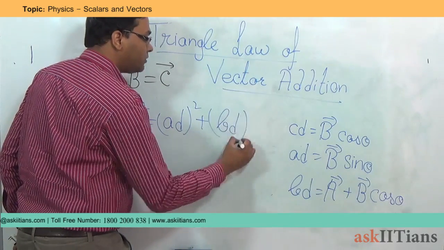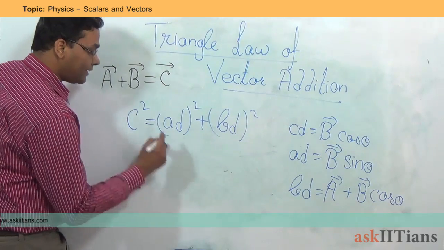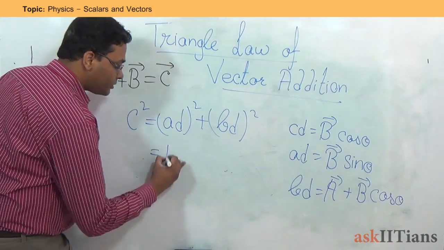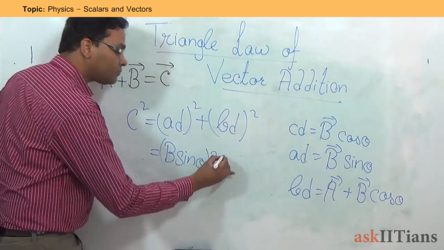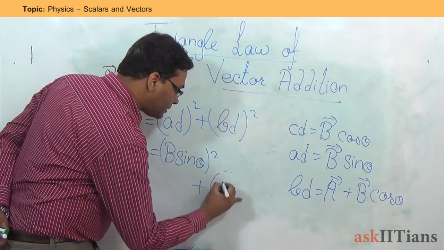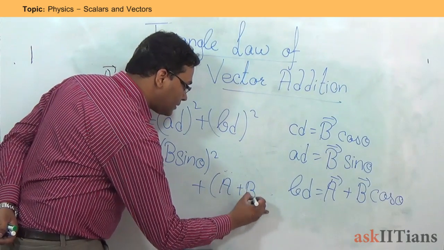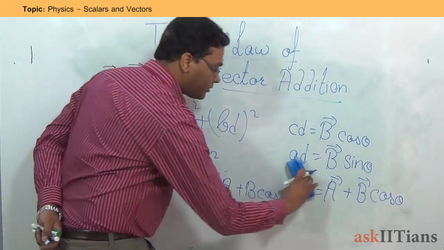So let's try to expand this. AD value is going to be B sin theta whole square. BD value is going to be A plus B cos theta.